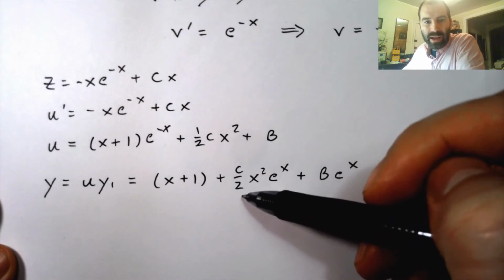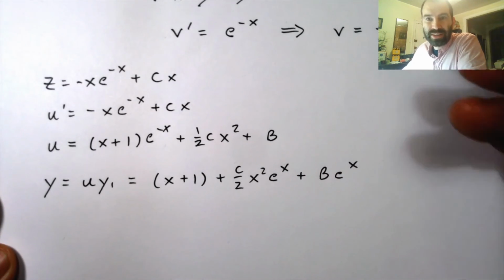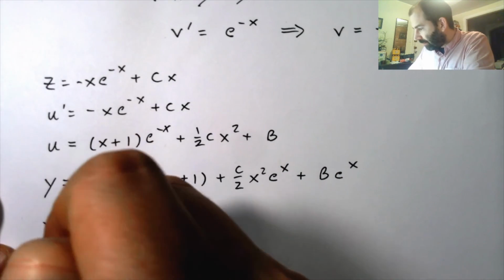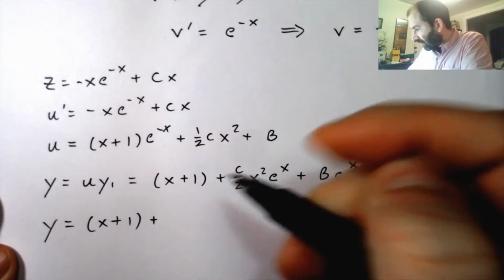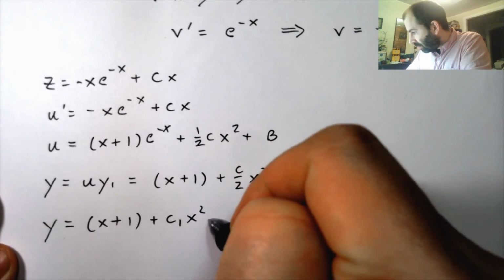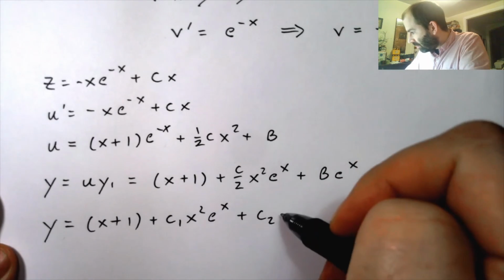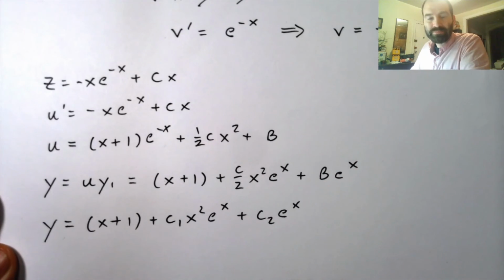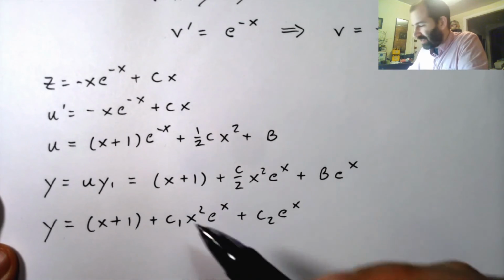An arbitrary constant divided by a number is still another arbitrary constant. So let's just simplify this one step further. Let's just call c over 2 c1, and I'll just call b c2, right? It's just a little bit simpler this way. Why divide by 2 when it still just keeps it a constant, right?